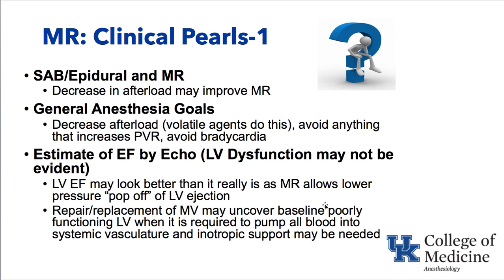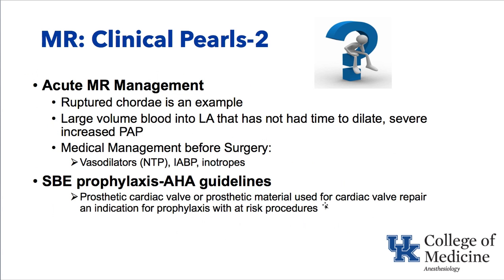If you suddenly put in a competent mitral valve and make that ventricle pump everything forward, suddenly that LV dysfunction that's present, but you couldn't see it, may become evident, and their ejection fraction instead of 60% now looks more like 20%. And it may uncover a baseline poorly functioning left ventricle and require inotropic support.